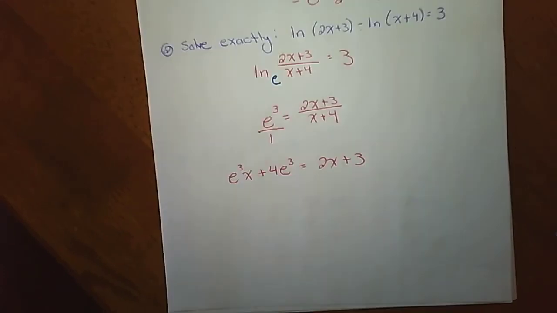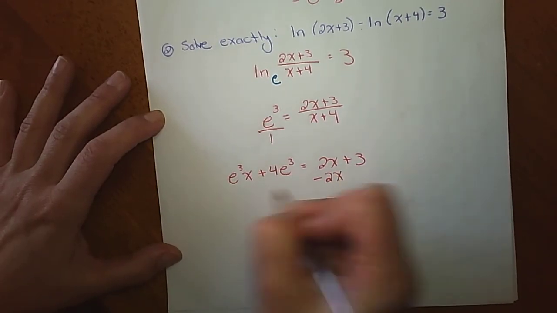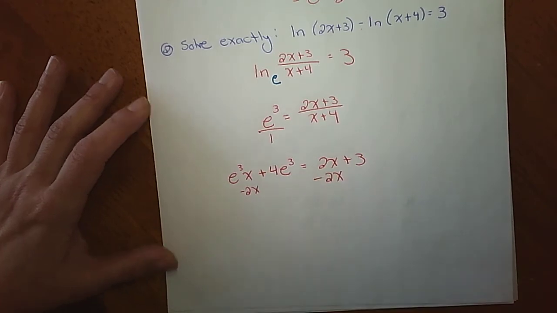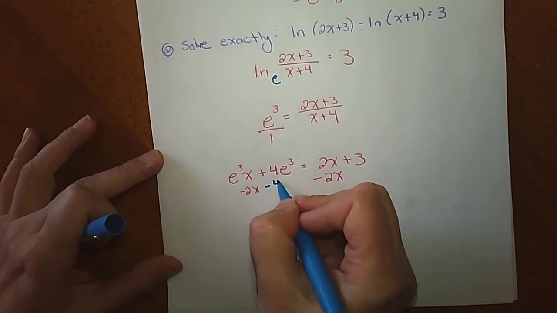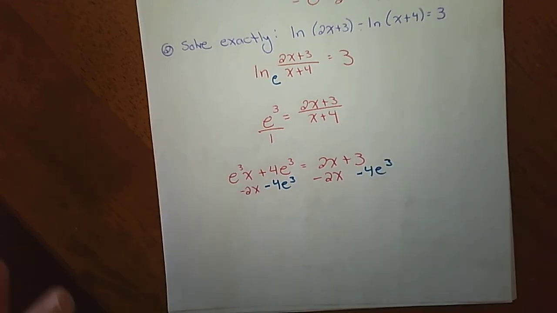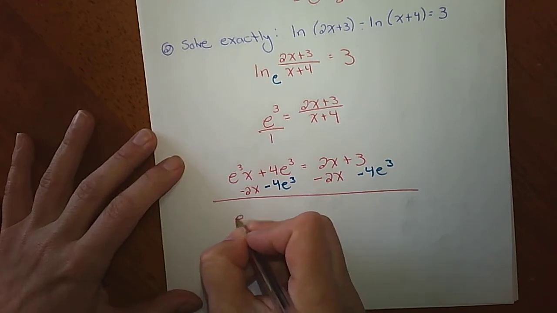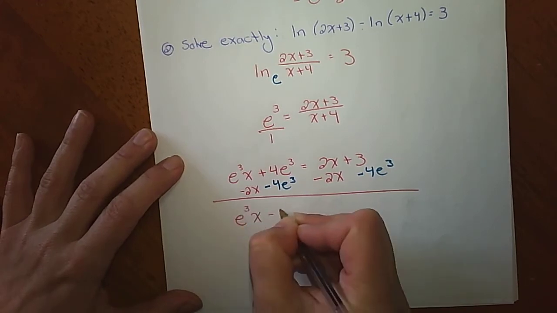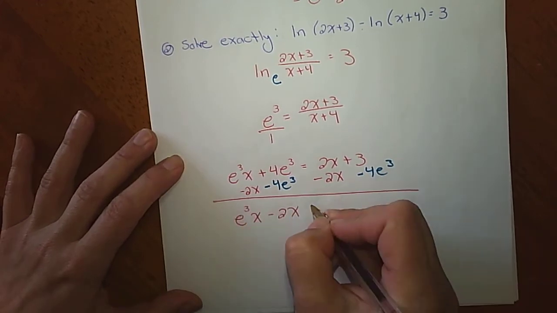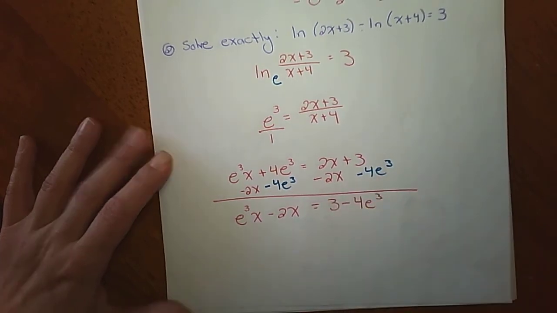Now we're trying to solve for x. So that means we're going to get everything with x's on it on one side, everything without x's on the other. So I'm going to subtract 2x over here, and I'm going to subtract 4e to the 3rd to go to the other side. Well, that makes e to the 3rd x minus 2x equals 3 minus 4e to the 3rd.